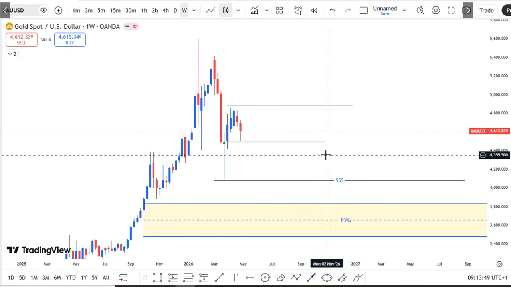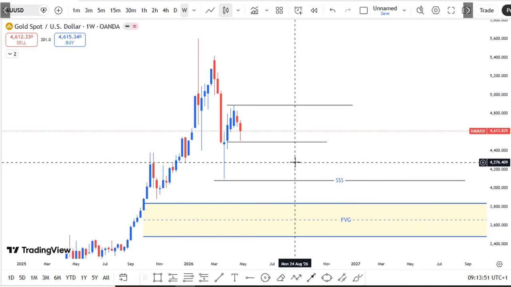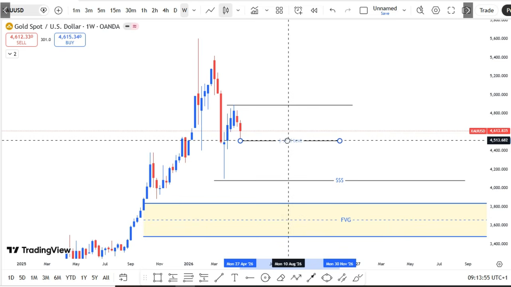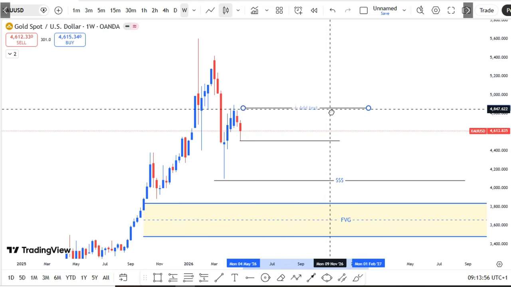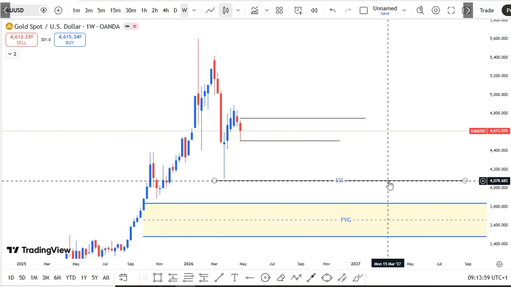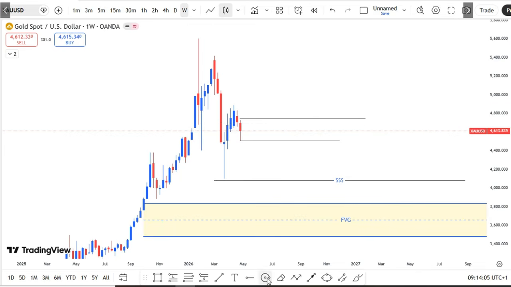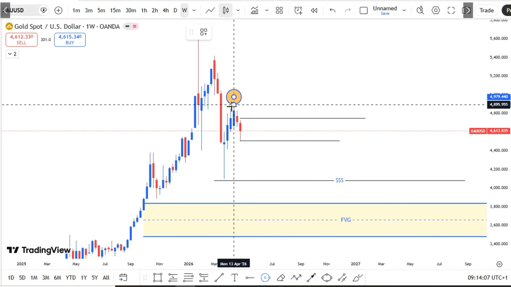This is a weekly time frame. Now from this weekly time frame, price has been reacting from this level for quite some time.